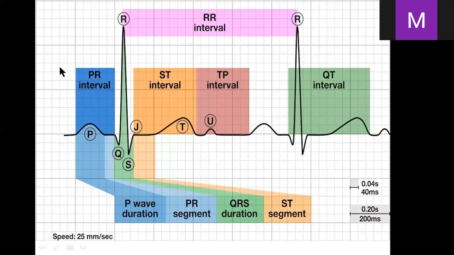And you can see that these are the large boxes. Within each large box are five small boxes, upward and downwards, five and one. This one box is five small boxes in length and five small boxes in height, and the speed of the paper is 25 millimeter per second.